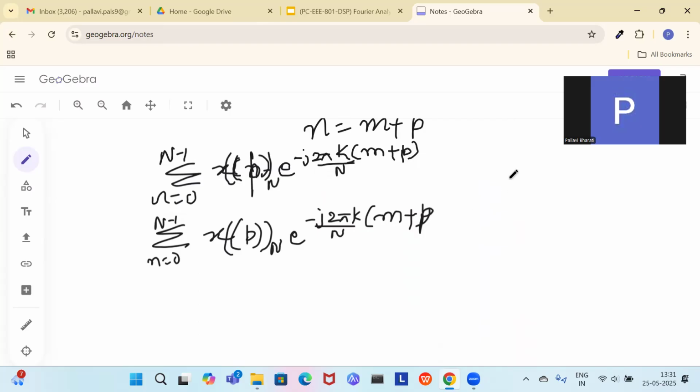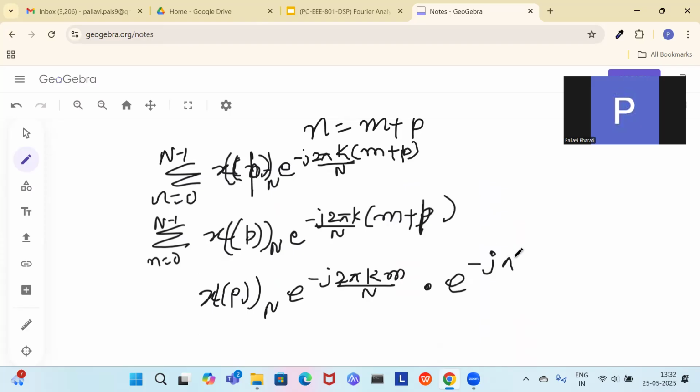Same as you did in the periodicity property. So what it will become? x[p] e to the power minus j 2 pi k m by N into e to the power minus j 2 pi k p by N. Right?